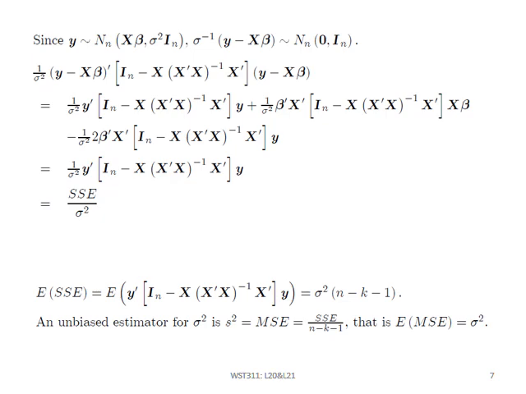If we take the quantity over here to be the random vector x in lemma 2, we can write this as x transpose A x, which then, according to lemma 2, follows a chi-square distribution with r degrees of freedom, r being the rank of the idempotent matrix A.